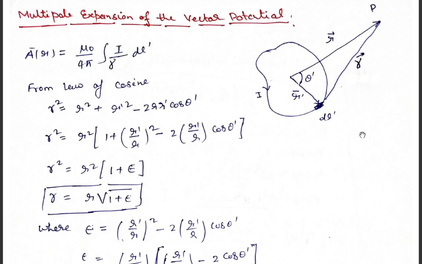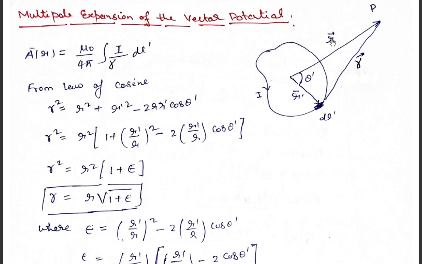This localized current, from the origin, has coordinates x prime, y prime, z prime. On the current element we have the displacement vector dl prime, and this is the vector r prime. So these distances are from the origin, and this distance is r prime.